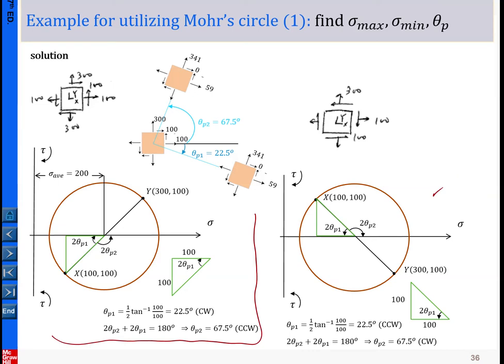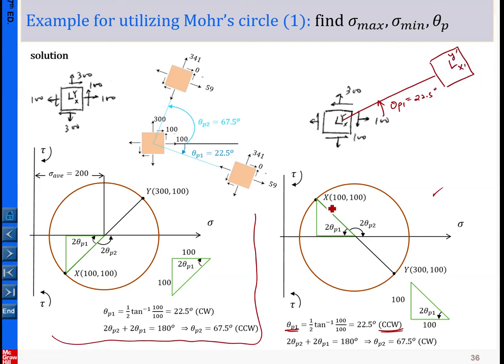So maybe I can base upon this information to draw it. For this case, we first determine theta p1 is counterclockwise, 22.5 degrees. So in that sense, this is x prime, this is y prime.